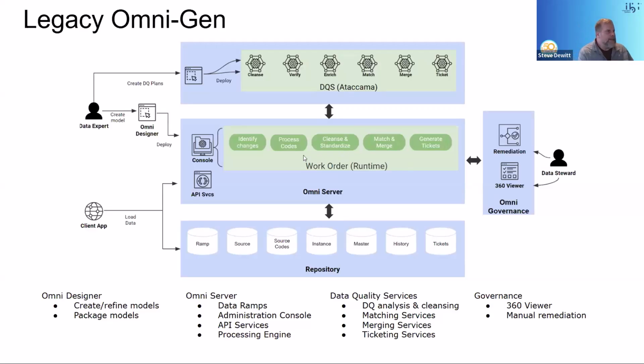And along the way, the process of mastering data was handled in the Omni server, where we would do change data identification, deal with reference data or codes, cleanse and standardize data, match and merge, and if something needs human interaction, generate tickets.